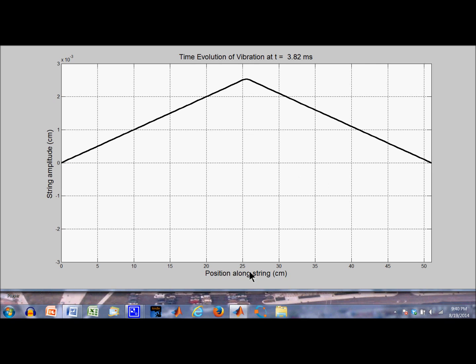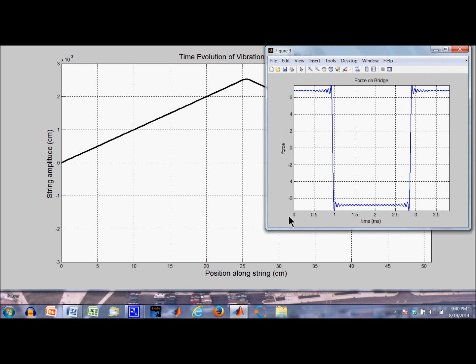And down at the bottom here, it was positive and pulling down on the bridge, but the slope was the same. So the force will be the same in both directions. For example, up here the force is around 6.5 force units, and when it gets reflected and inverted and is pulling down on the bridge, it's minus 6.5 force units.